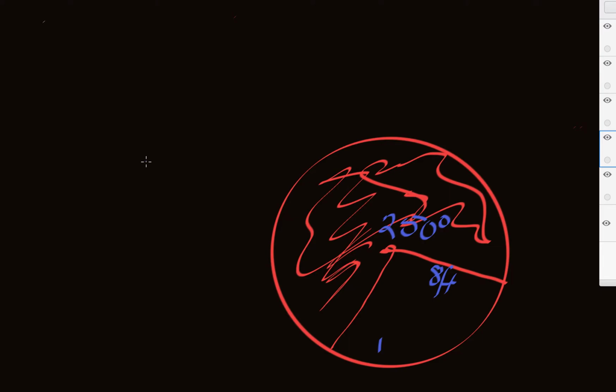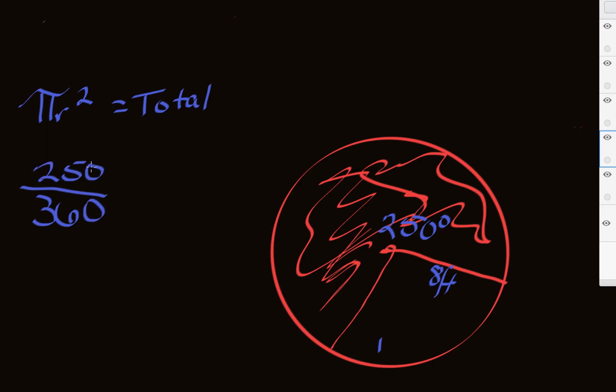All you're going to do is pi r squared gives you the total area. Well, you're going to say 250 to 360 is going to be proportional or equal to the portion on top over the total.